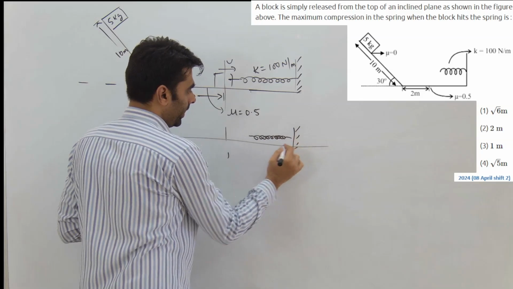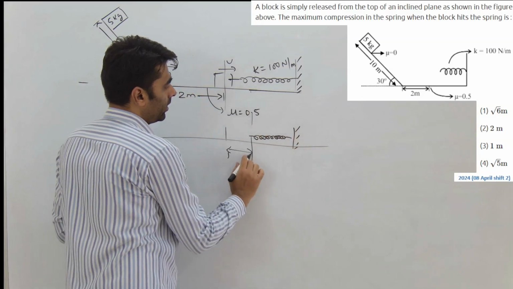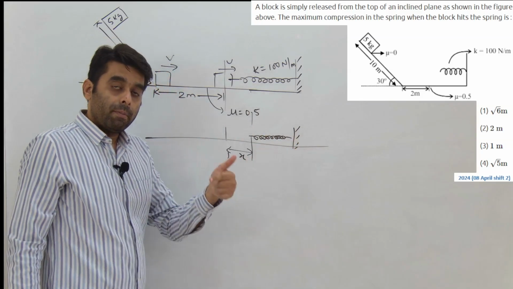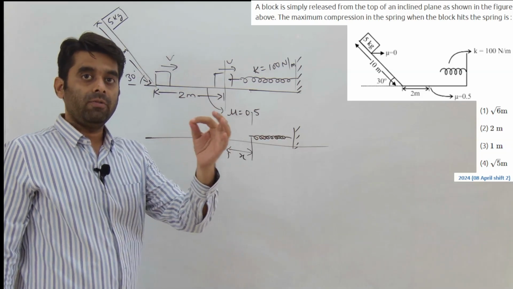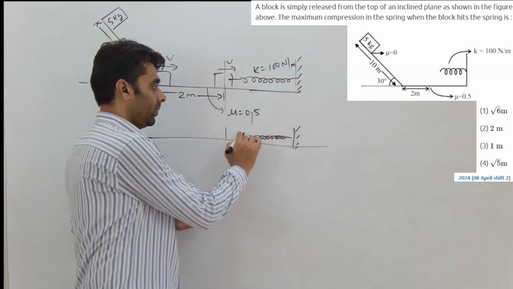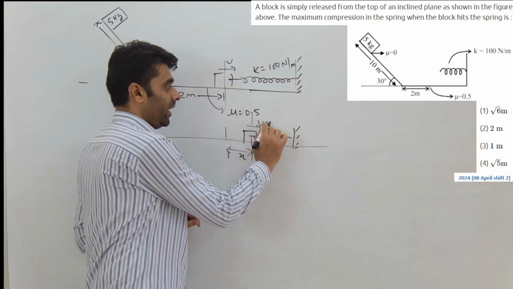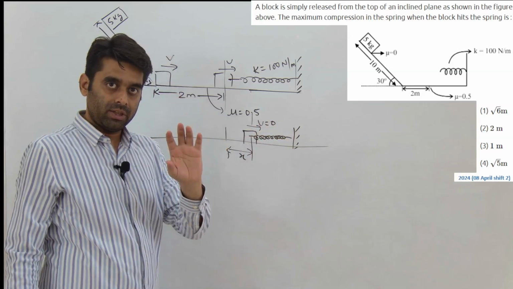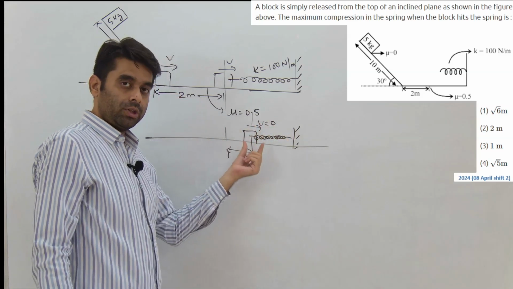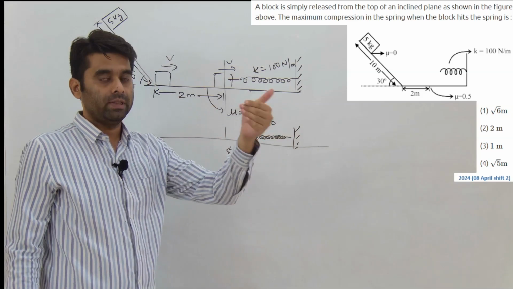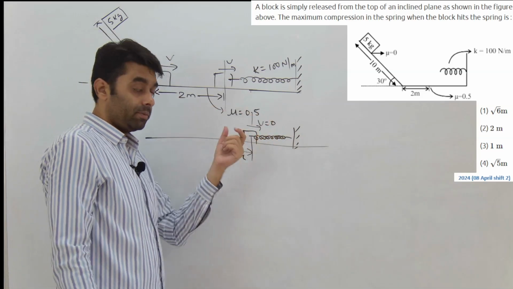Let's suppose that it compresses the spring by a distance of x. The maximum compression of the spring will be when the velocity of the block becomes 0. Obviously, it will be momentarily, but yes, it becomes 0.